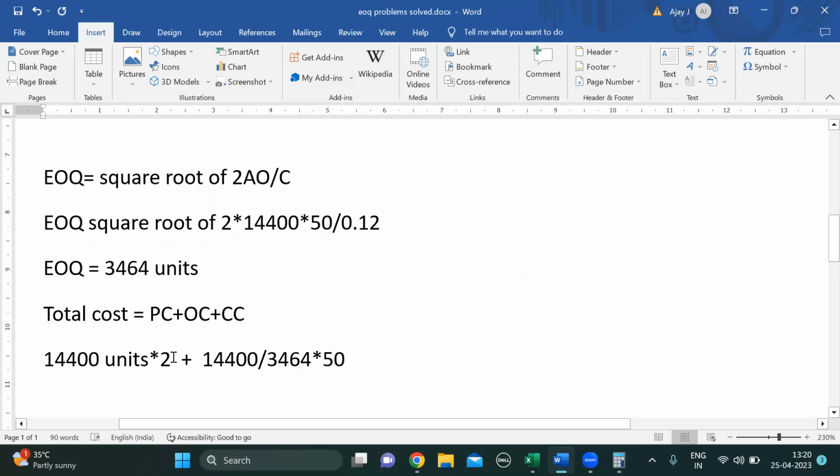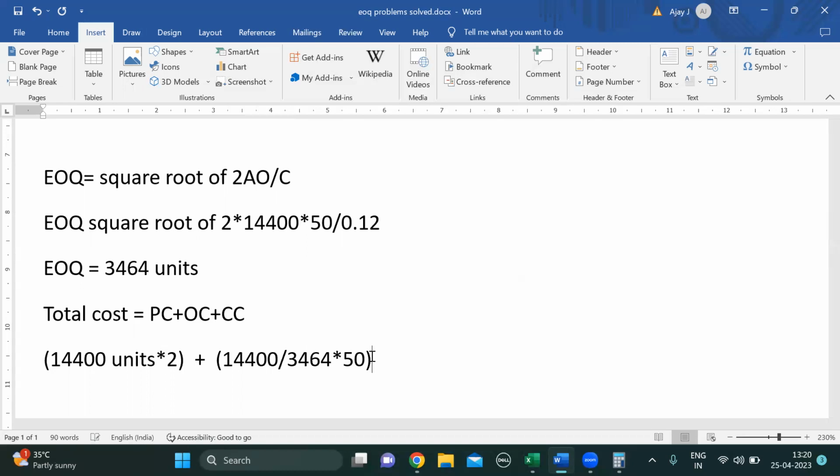So this is our purchase cost. I'll put it in the bracket. This is our ordering cost plus carrying cost, quantity that we'll order 3,464. You can also round it off and take 3,465 because the answer was in decimals.